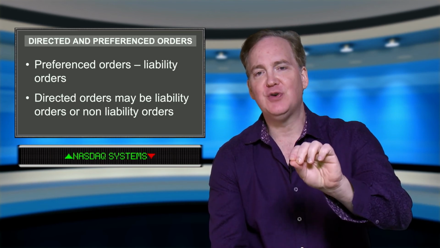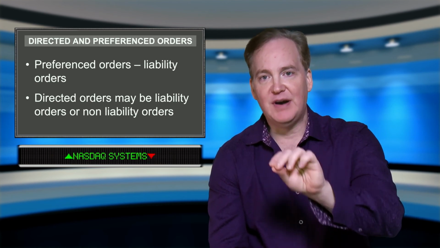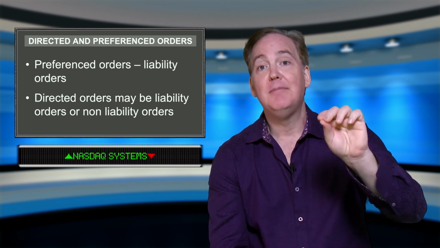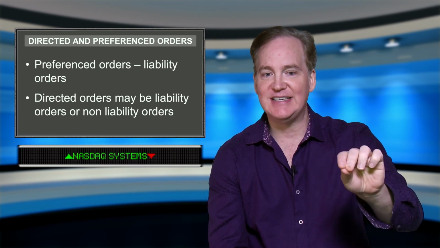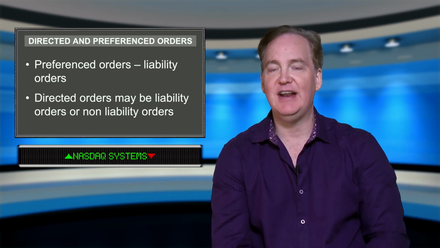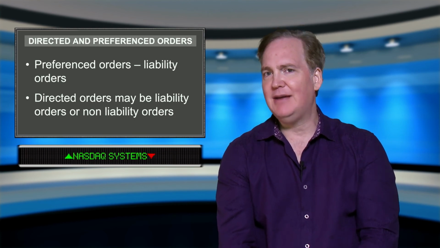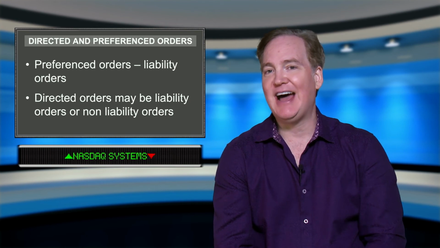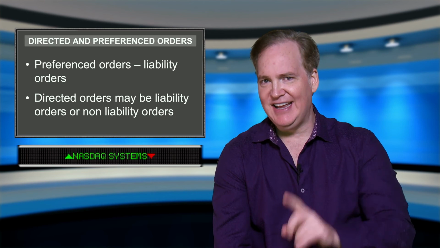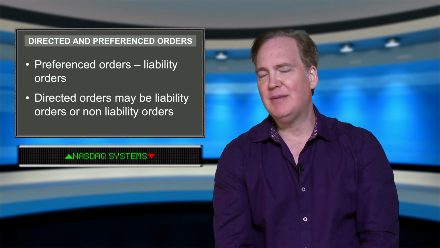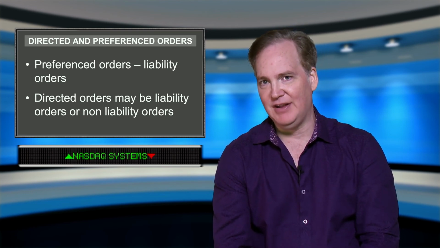A preferenced order is a liability order, meaning the market maker is obligated to trade at that price for up to its displayed and reserved size. A directed order may be a liability order, or it may not be a liability order. If the market maker is on the inside market, it is a liability order. If the market maker is away from the inside market, it is not a liability order.